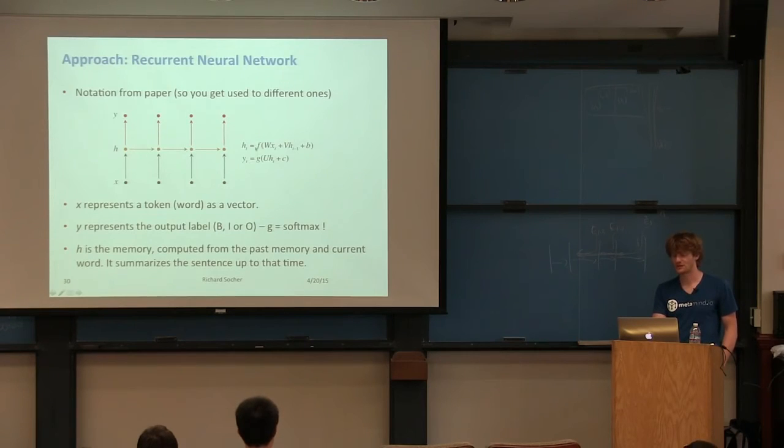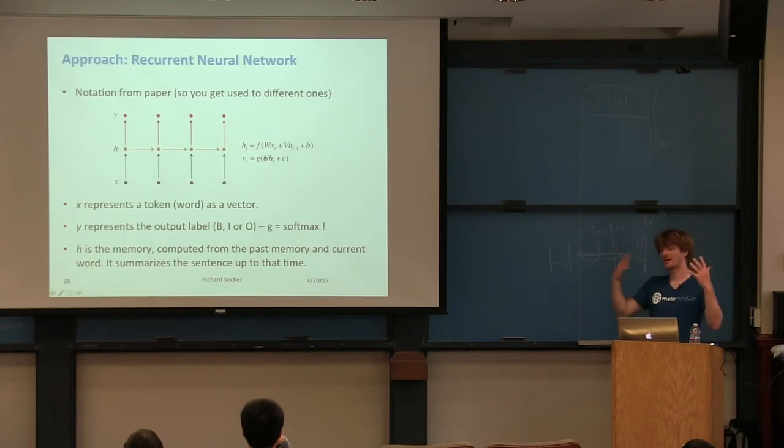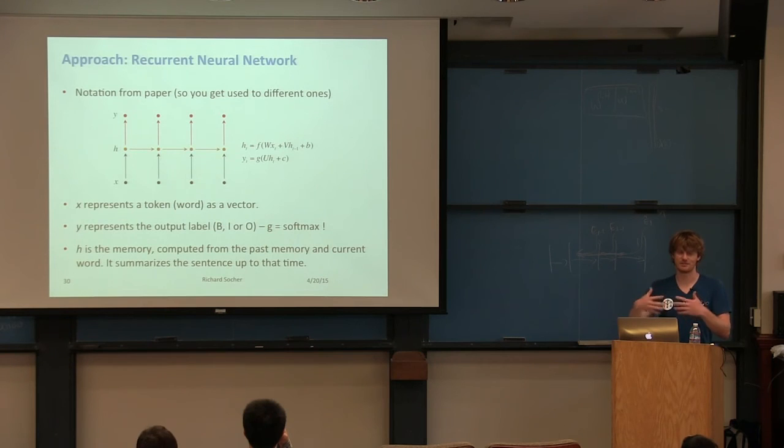He has the same notation F for nonlinearities, and instead of writing out softmax here, he uses the function G. And his softmax weights, for which we often use W superscript S, are a U for him. But once you see he has a recurrent neural network and you see those equations, you should be able to see past the syntax and understand that we really have the same semantics here and the same kind of model.